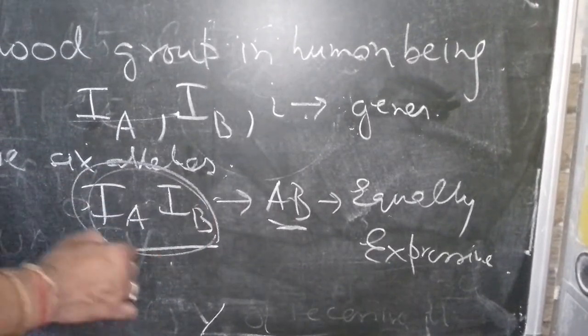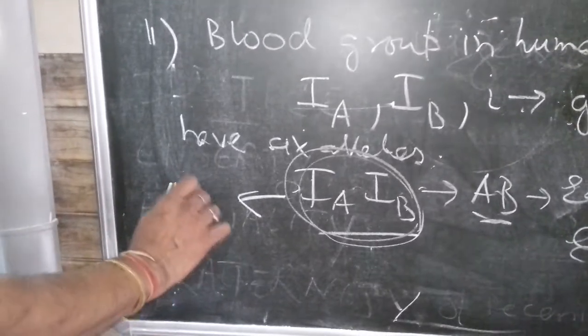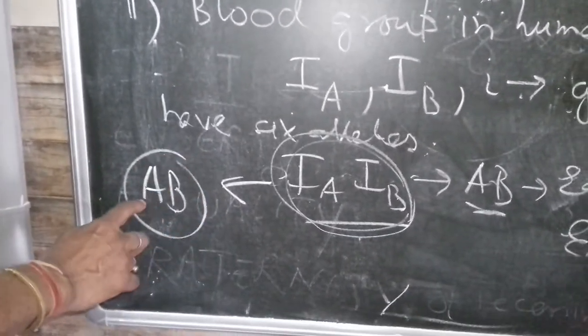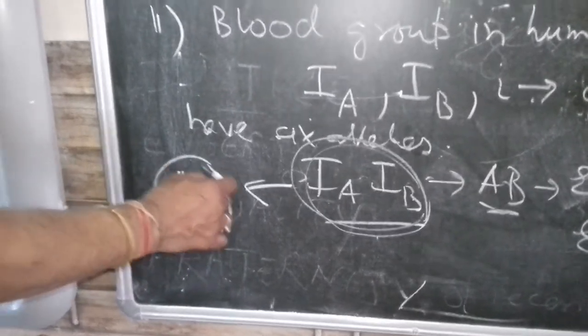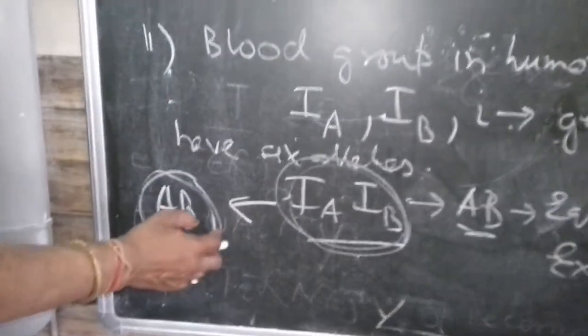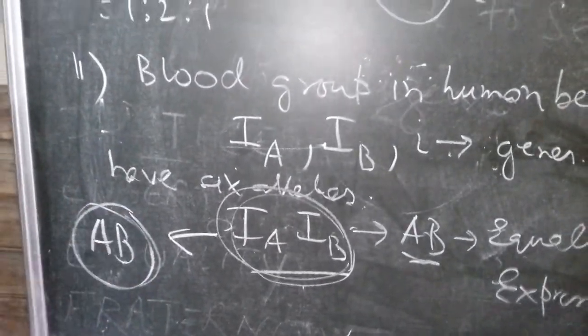When we find this in the genotype, they are expressed as the AB blood group, where the IA gene and the IB gene, which contribute to both these characters, are existing together. So that type of factor is called codominance.